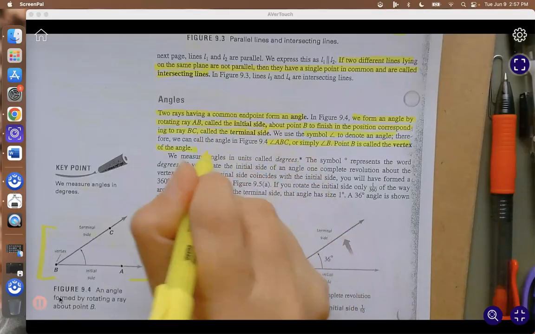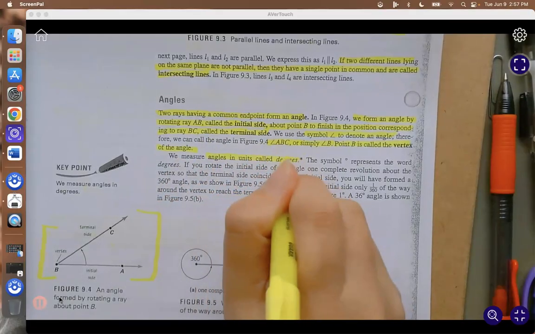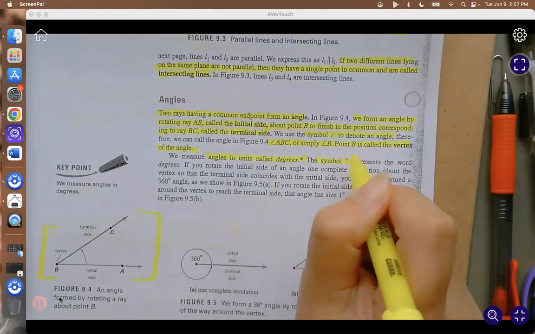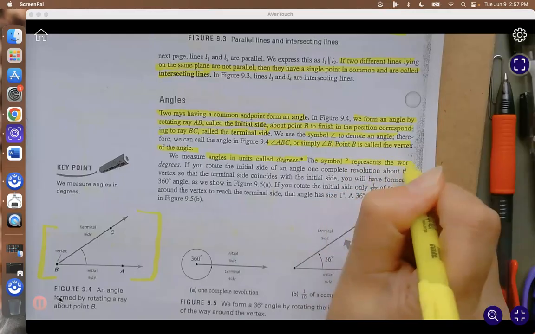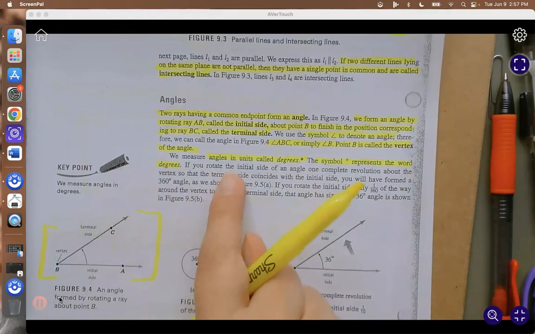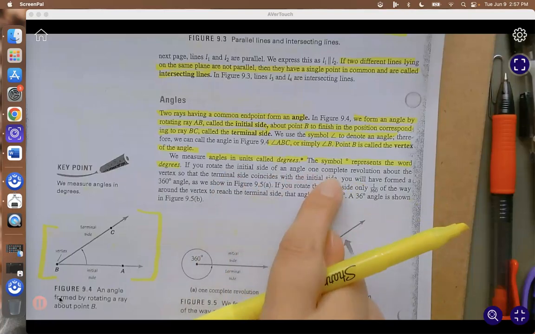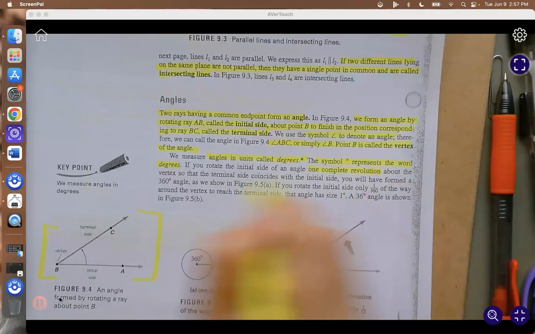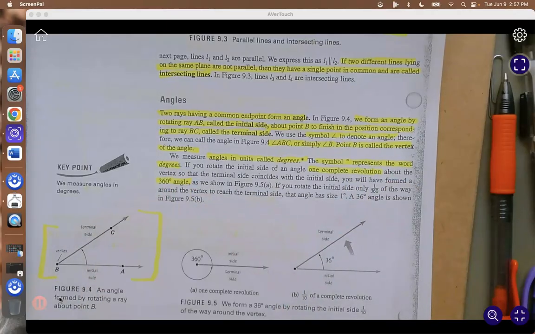We also measure angles in units called degrees. The degree symbol represents the word degrees. If you rotate the initial side of an angle 1 complete revolution, that's a 360-degree angle.